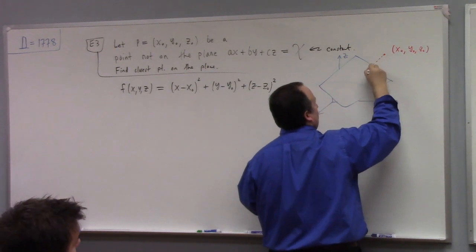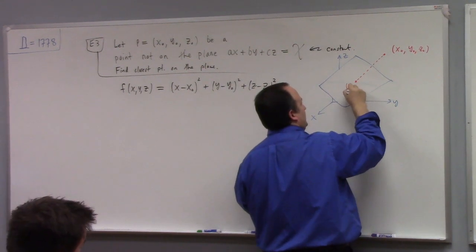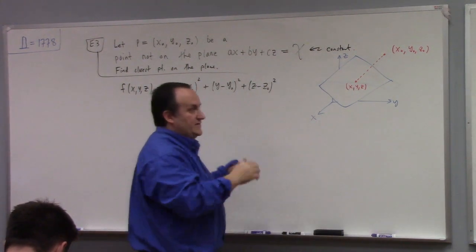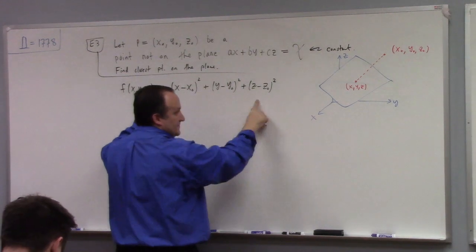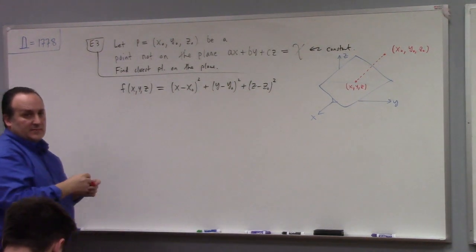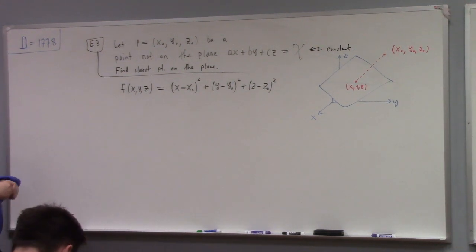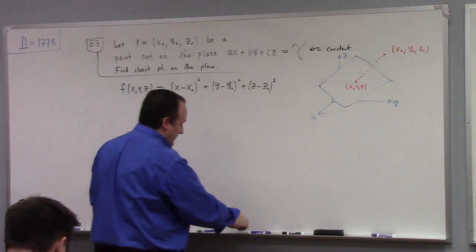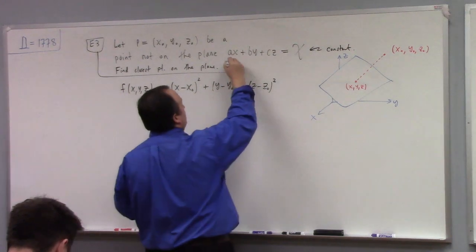So the distance to this point x, y, z on the plane, if we square it, the square of the distance is exactly this, right? Okay. So that's my objective function. What's my constraint function? Well, it's already up here, right? This is the constraint function.